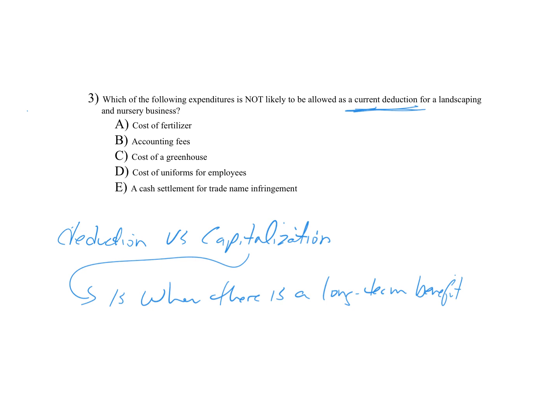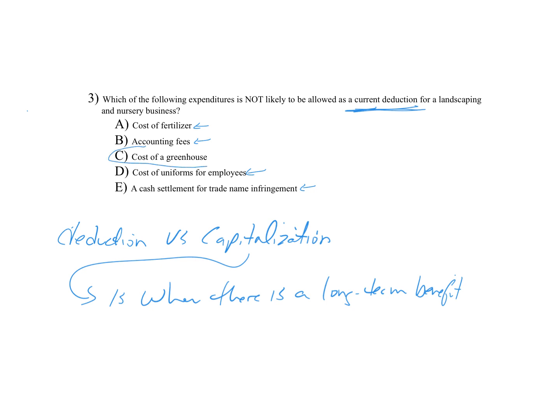Okay, and so let's take a look at each of these things. Cost of fertilizer, no, that is going to be a supply, and so that will be a current deduction. Accounting fees, all right, also a current deduction. Cost of uniforms, no long-term benefit per article, so a current deduction. A cash settlement for trade name infringement, also a current expense.